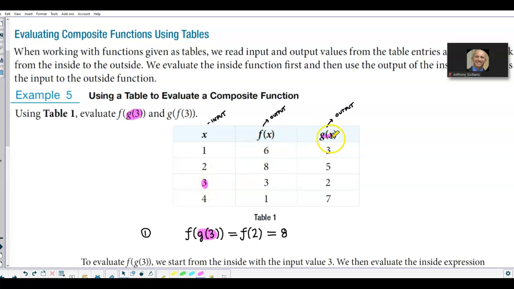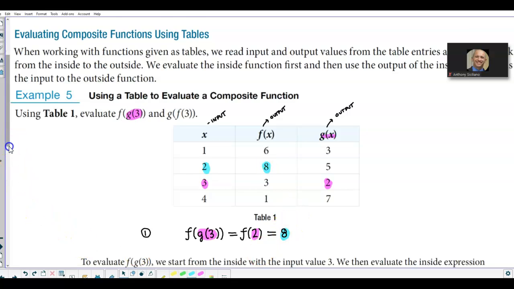So what is the output when the input is 3 on g of x? We go down over here and we can see that the output is 2. Now, 2 becomes the input for f. So we go back to the input column and look at the input of 2, and then look at the output for f of x. The output of the input 2 on f is the value 8, and that's how we get the answer 8.